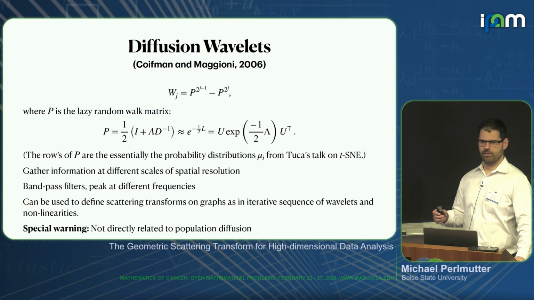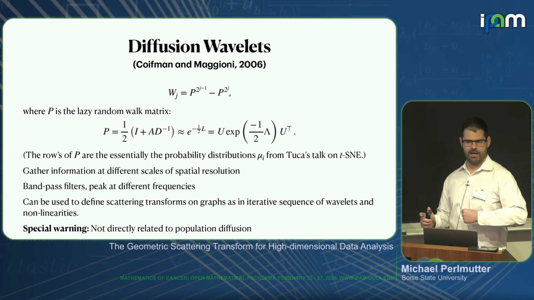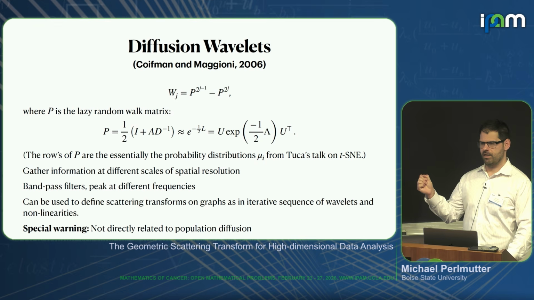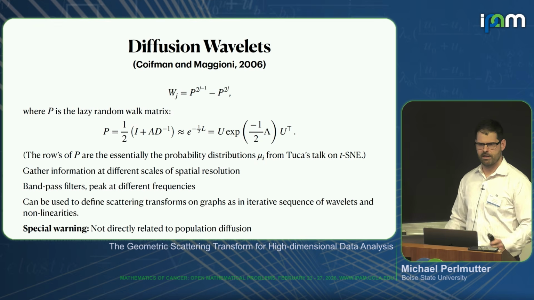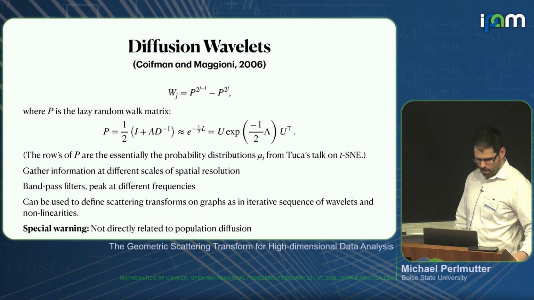Notably, the ijth entry of this matrix is going to be the probability you move from vertex i to vertex j. The rows of this matrix are the probability distributions that were, I believe, called mu-i in Tuka's talk yesterday, of the local transition probabilities of the vertices.